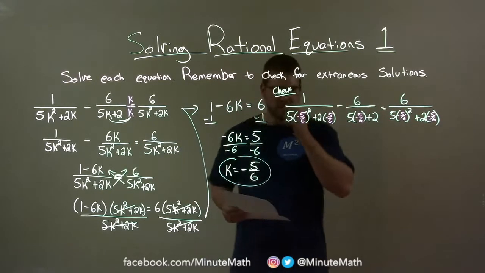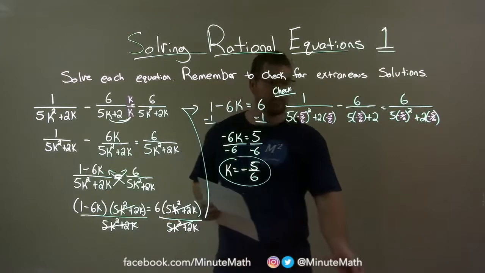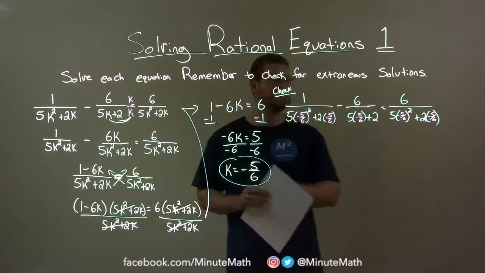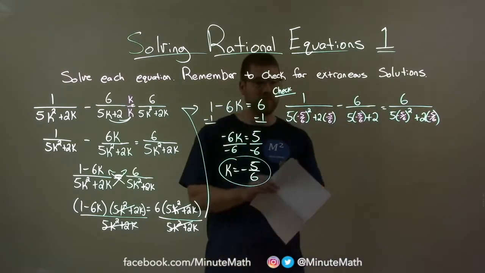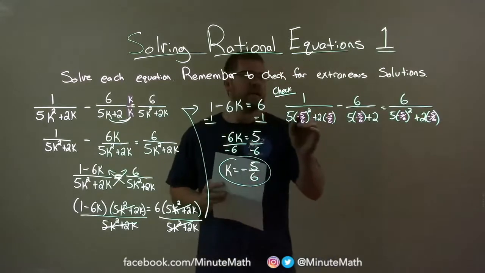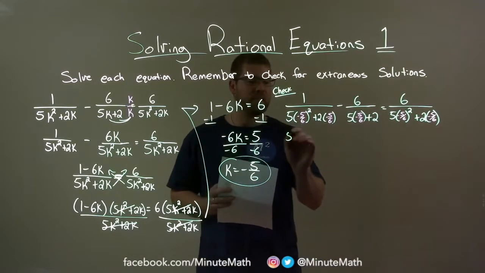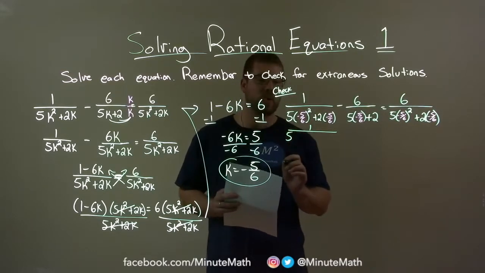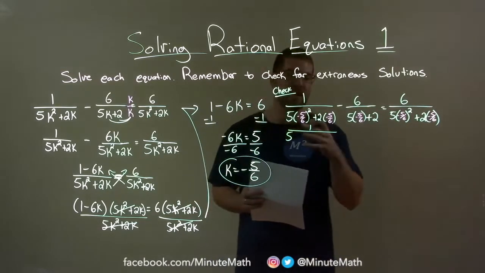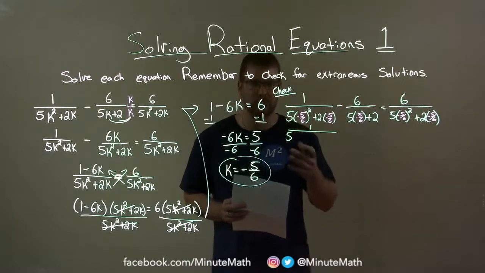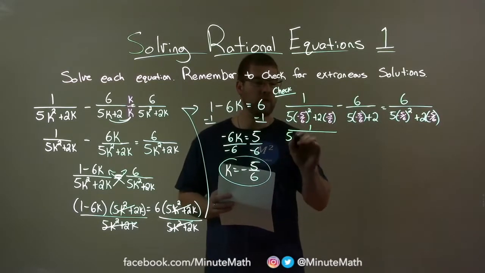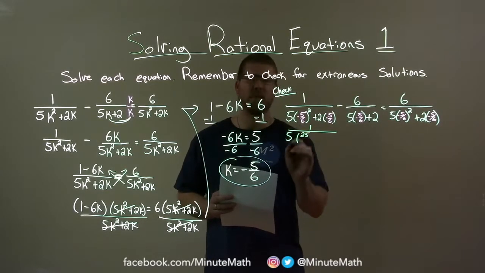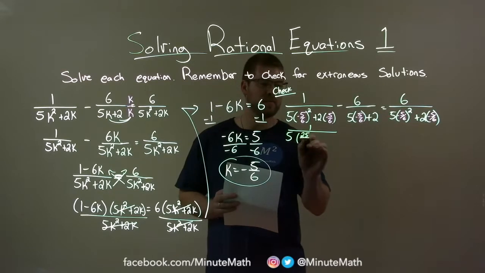So what I want to do now is simplify and see if the left and right hand side are equal. Negative 5/6 squared, don't forget that, is negative 5/6 times negative 5/6. Multiply the numerators across and we have 25, since 5 times 5 is 25, and 6 times 6 is 36.